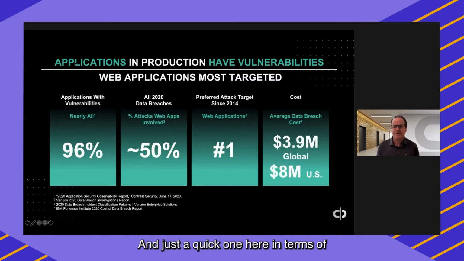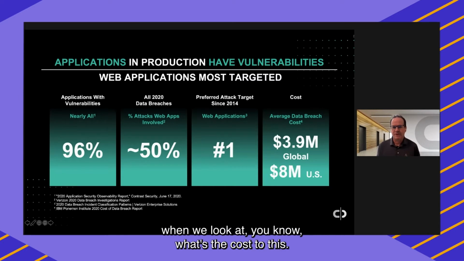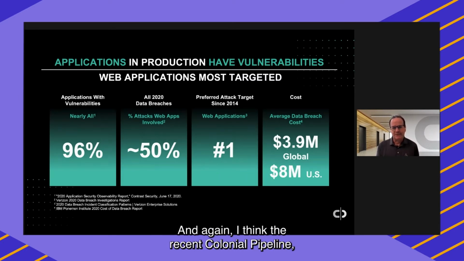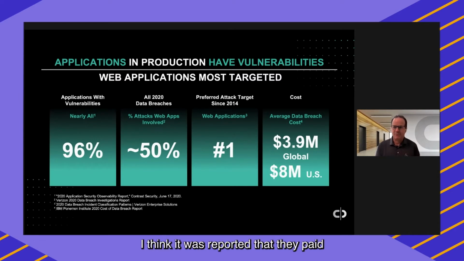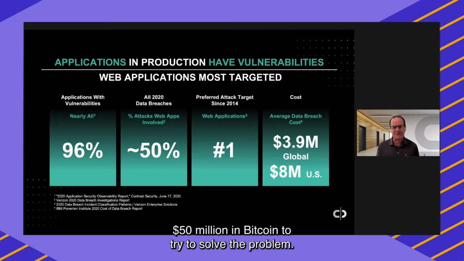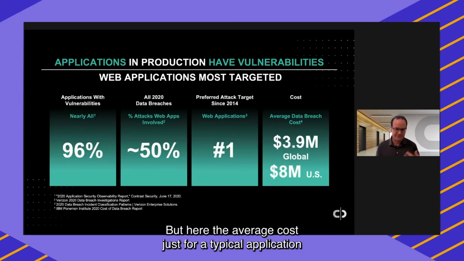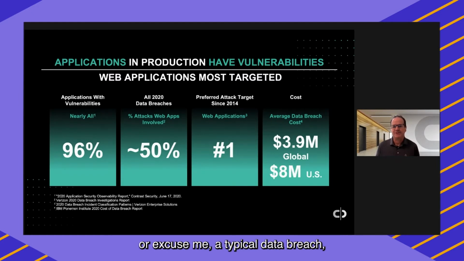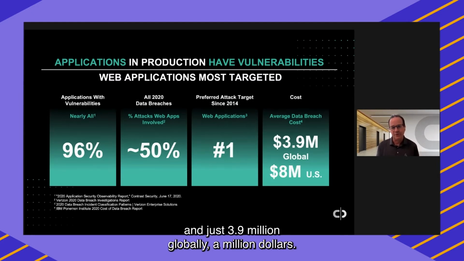Just a quick one on the cost. I think it was reported that Colonial Pipeline paid $50 million in Bitcoin to try to solve the problem. But the average cost of a typical data breach is about $8 million in the US and $3.9 million globally.